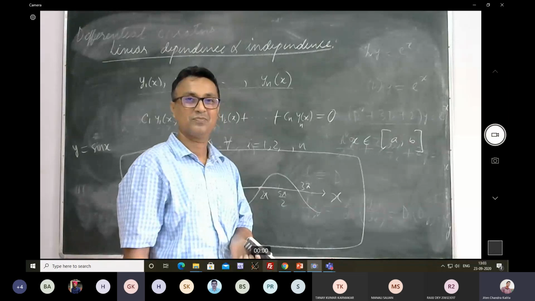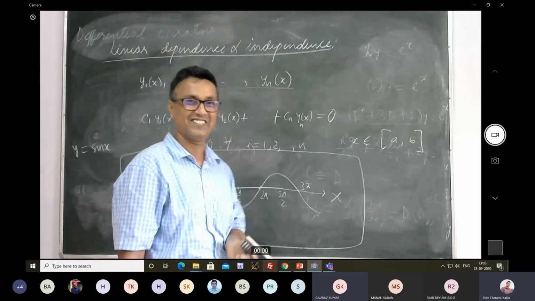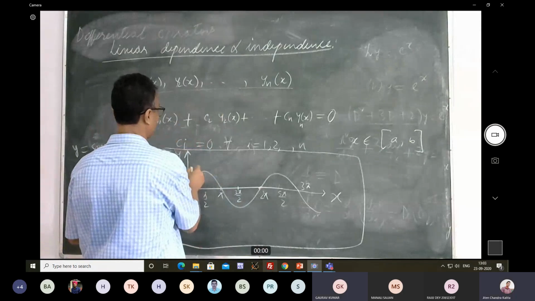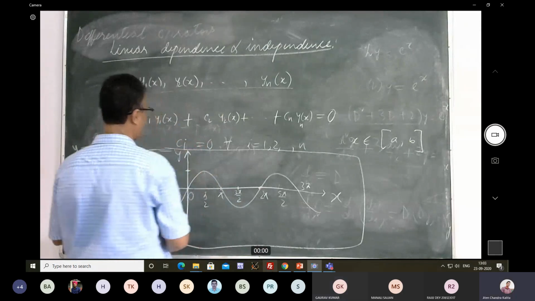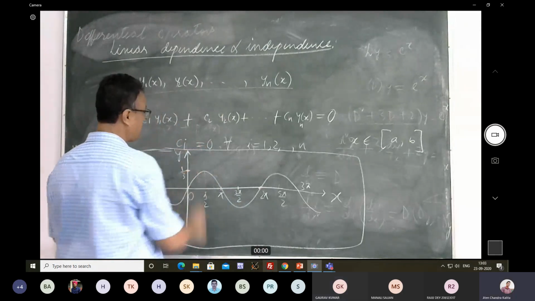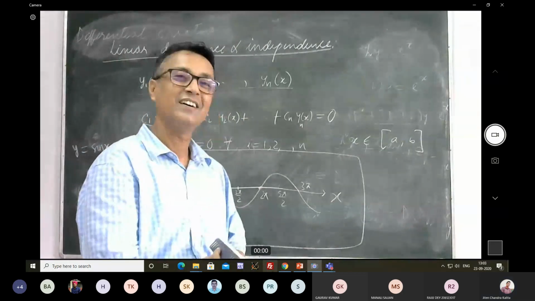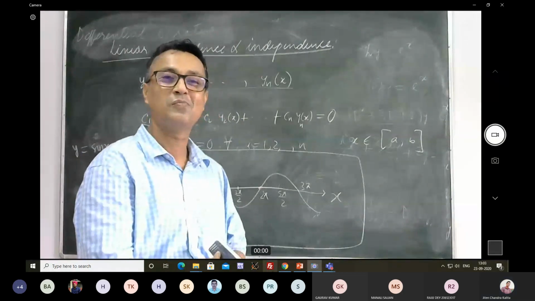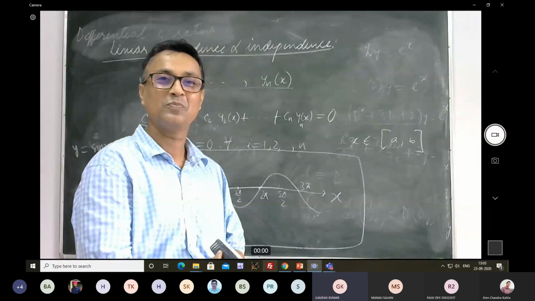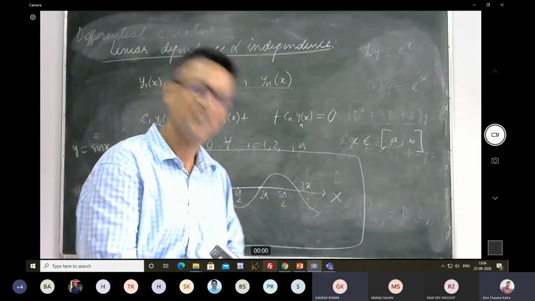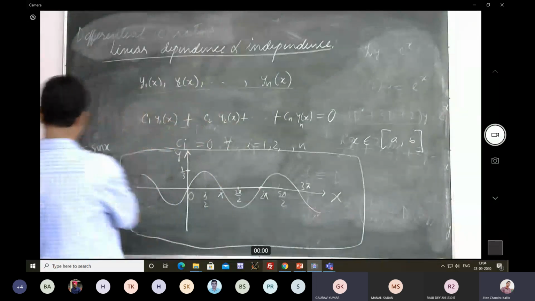Maybe it is 2 sin x, 3 sin x, like y equal to k sin x. Suppose this point is 1/3, then the graph is of what? 1/3 times sin x.